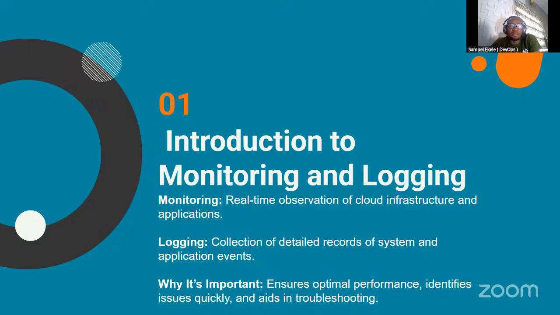Monitoring means observing your application or cloud infrastructure in real time, right? You monitor them, you watch them, you observe them to see how they are performing, what they are doing, in real time. That's what monitoring is about, right? And then logging, on the other hand, is having a record of every event that happens in your infrastructure.